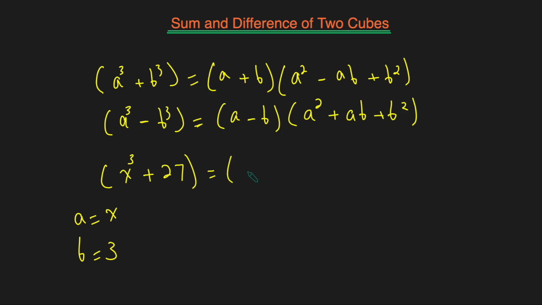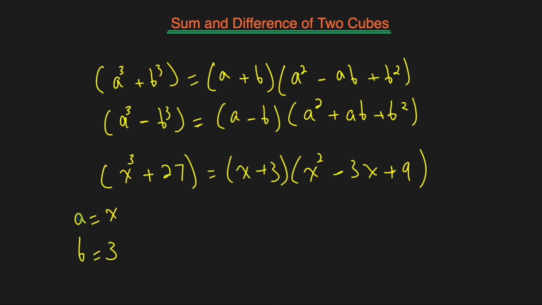So now I just plug in. I get x plus 3 times x squared minus 3x plus 9. So remember, when it's an addition or a sum of the cubes, the negative is here. Everything else is positive.